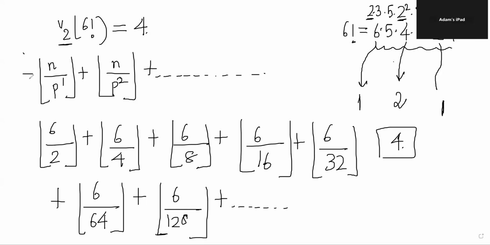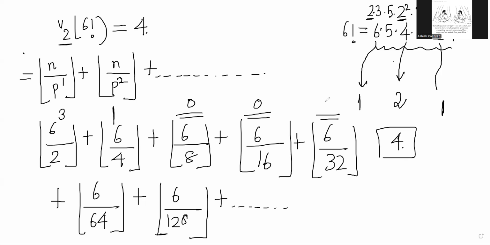This is the formula. It is floor functions of n by p^1, p^2, p^3, and so on. And now you see the answer will come, because this is going to give us 3. This is 1.5, but the floor function of that is 1. And everywhere ahead, all of the values are 0. So basically, as soon as it becomes a fraction between 0 and 1, the floor function becomes 0.